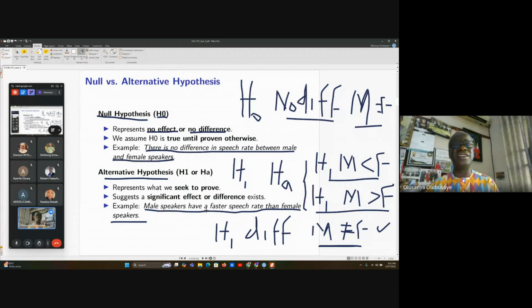Do you understand this particular slide? Is there any question, anything for me to clarify on this slide? In this slide, the interest is to distinguish between the null hypothesis and the alternative hypothesis. Yes, who raised a hand?